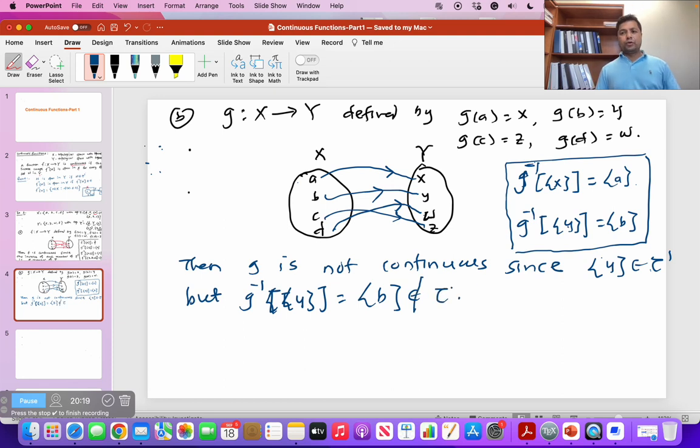Okay, so we found an open set in Y whose inverse image is not open in X, so that g is not a continuous function.